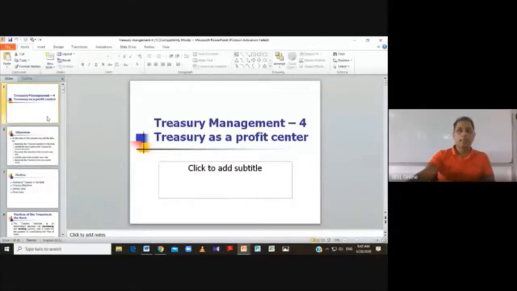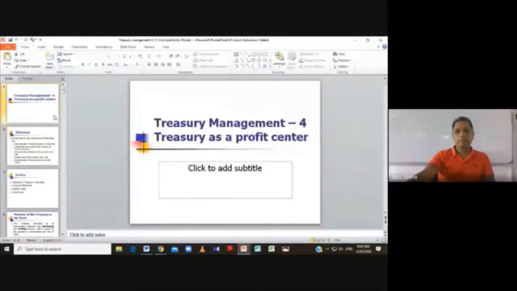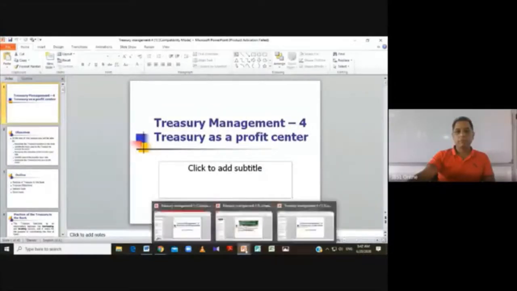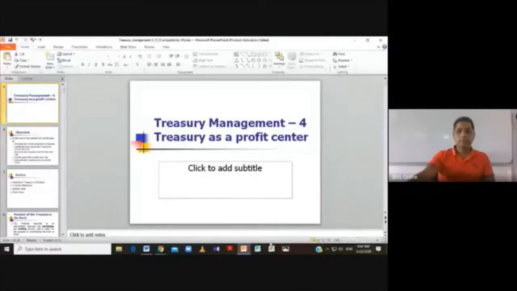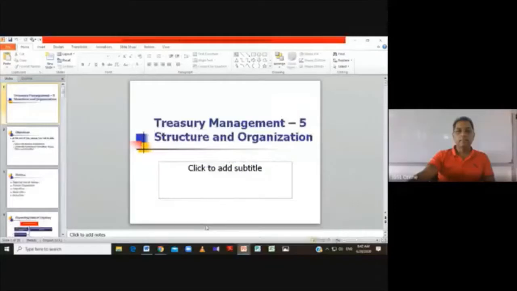Okay, so today we go into three areas. The first area we're looking at will be treasury as a cost center. The second area we'll be looking at is the structure and organization of a treasury sub-function.